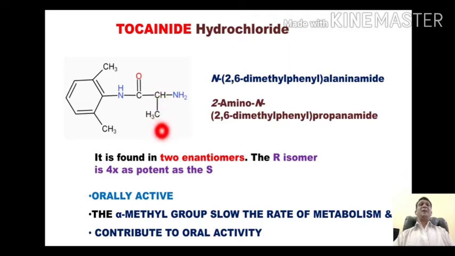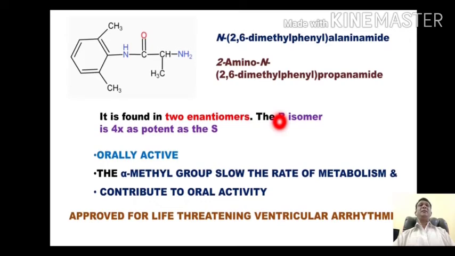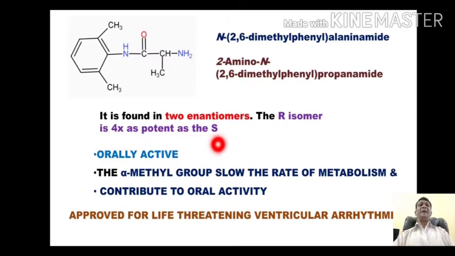So it is a chiral carbon, that's why tocainide exists in 2 isomeric forms, the R and the S. And it is the R isomer, the rectus isomer of tocainide, which is about 4 times as potent as the S isomer.